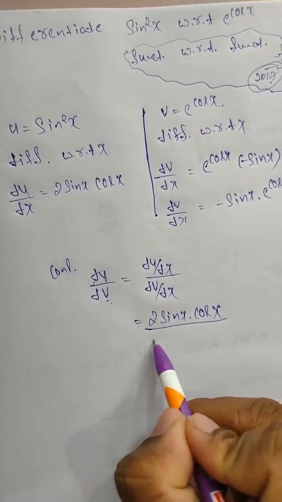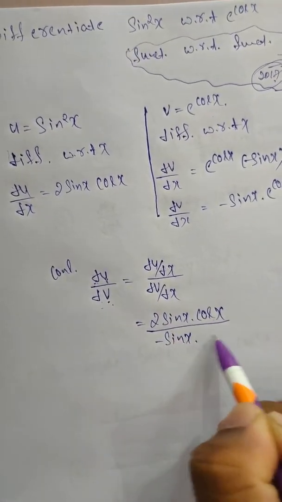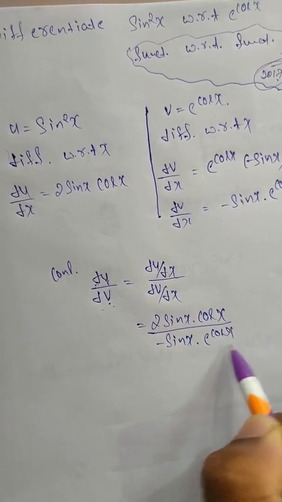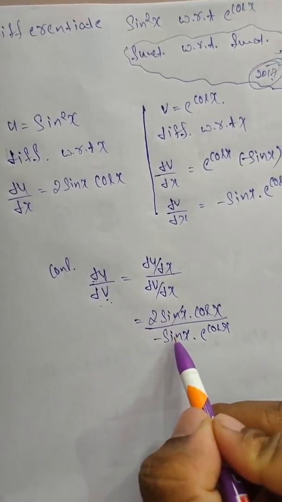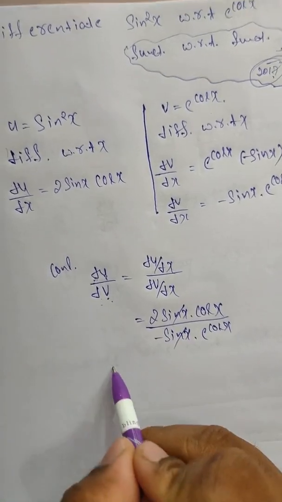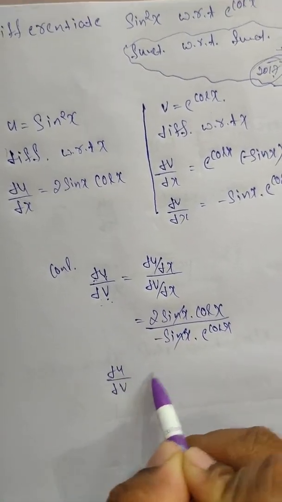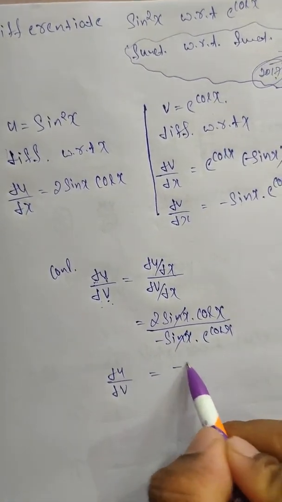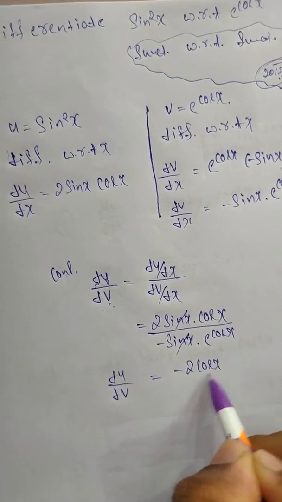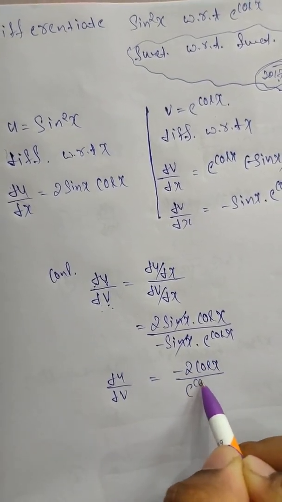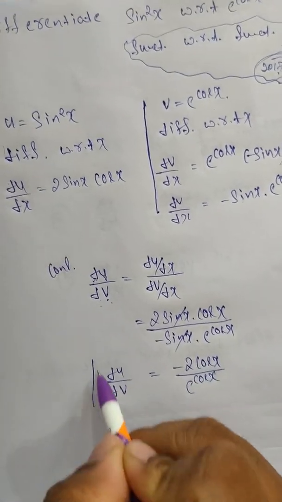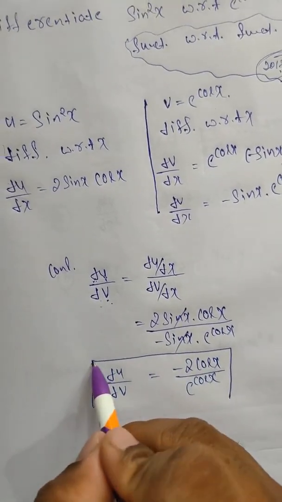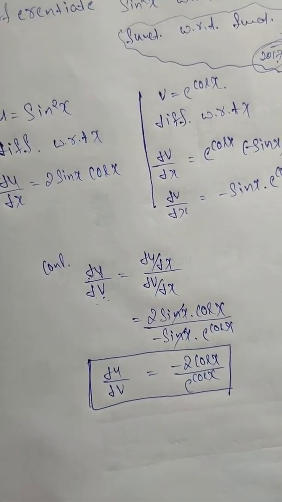Minus sin x into e to the power of cos x. Here sin x cancels. So what we are left with is du by dv is equal to minus 2 cos x by e to the power of cos x. So this is the answer. Very easy answer.